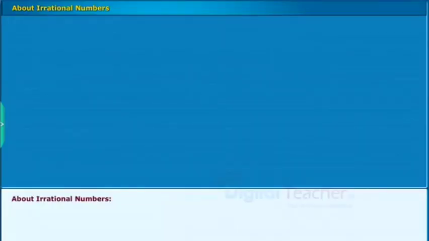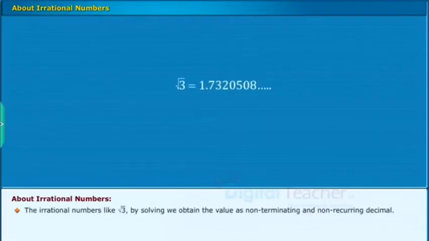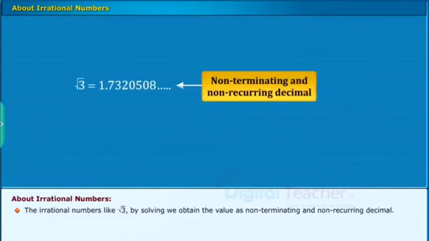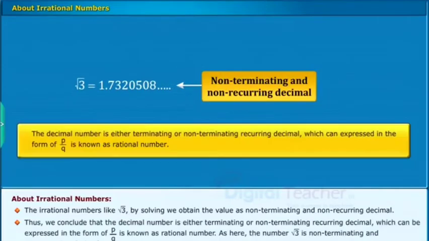Let us know in detail about irrational numbers. The irrational numbers, like root 3, by solving we obtain the value as non-terminating and non-recurring decimal. Thus, we conclude that the decimal number which is either terminating or non-terminating recurring, which can be expressed in the form of p by q, is known as rational number.